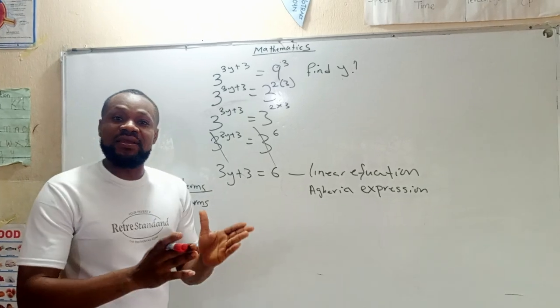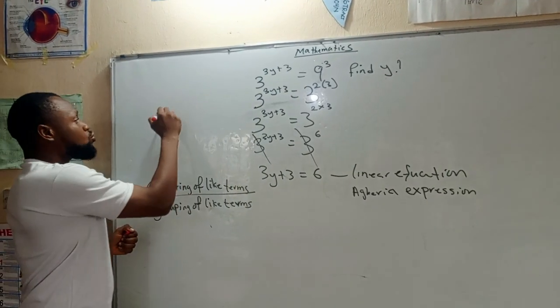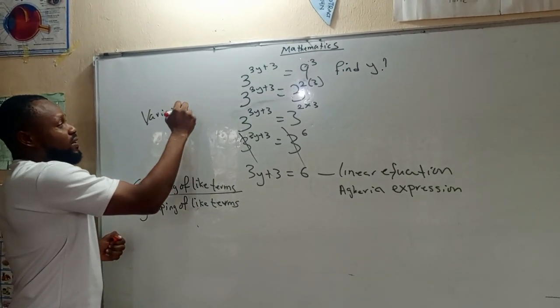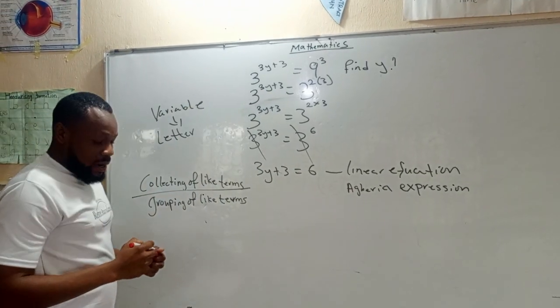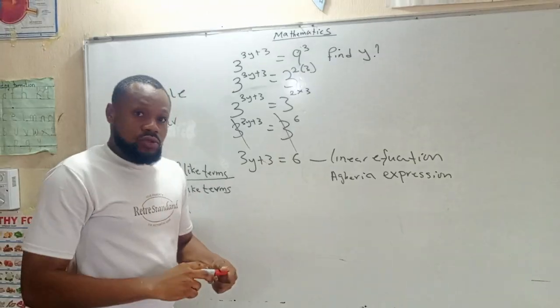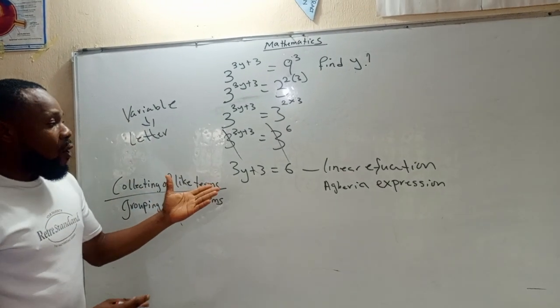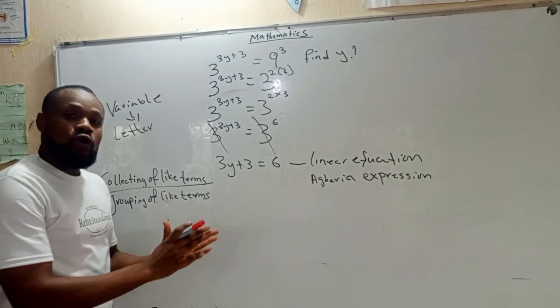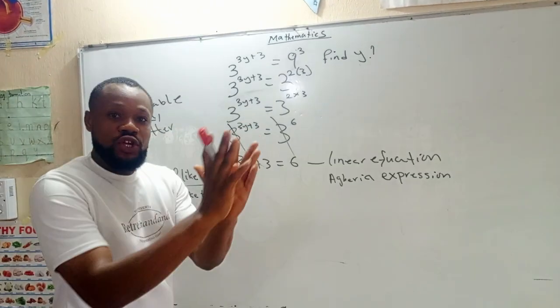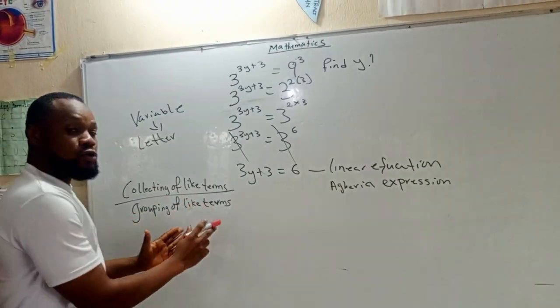When I say variable, I mean a letter. Variable can also be called what? A letter. We know letter means an alphabet. So we can take all the terms with a letter to one side and the ones without any letter to the other side. That's what we mean by collecting of like terms.